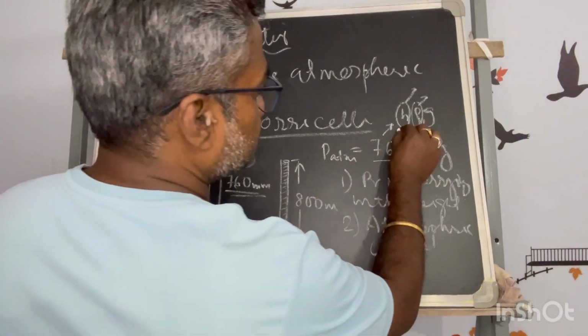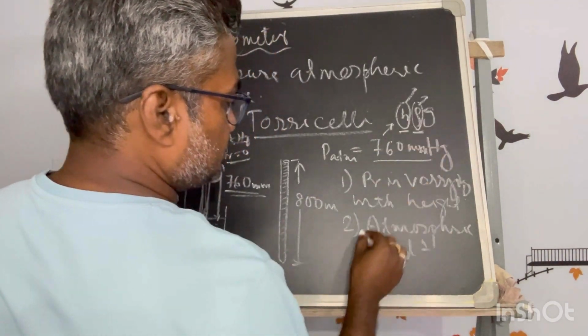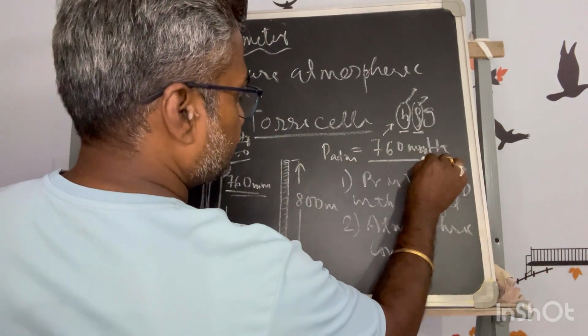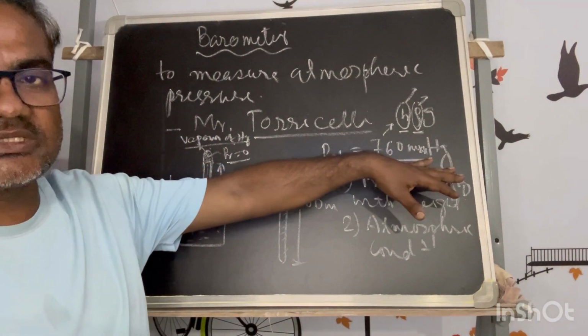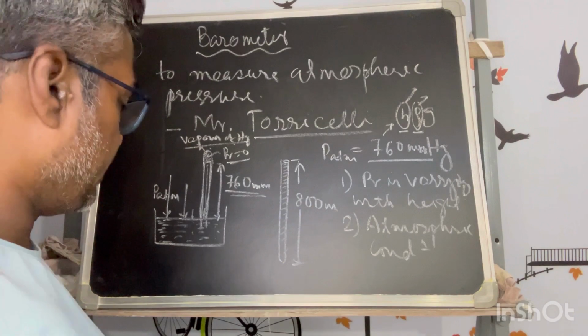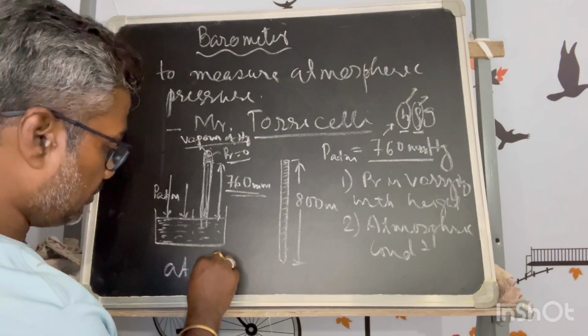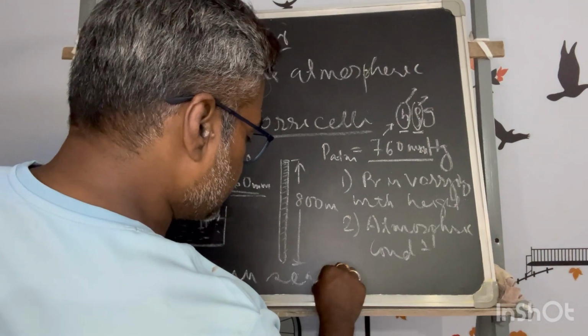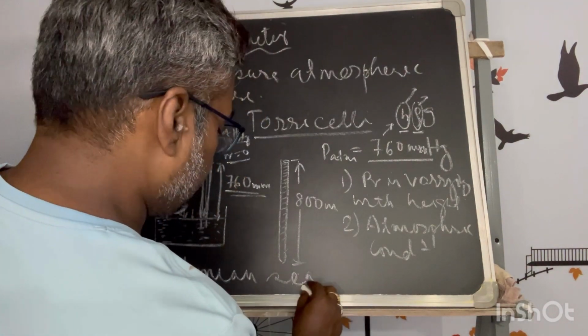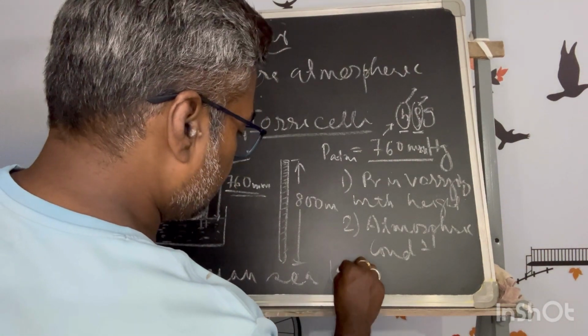Both of these affect the standard atmospheric pressure. He found 760 millimeter of Hg at mean sea level, so his experiment was done at mean sea level.